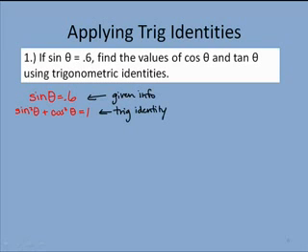Okay, so we know that sine theta equals 0.6, so let's plug it into our trig identity. So 0.6 squared plus cosine squared equals 1. We want to get cosine theta by itself here.